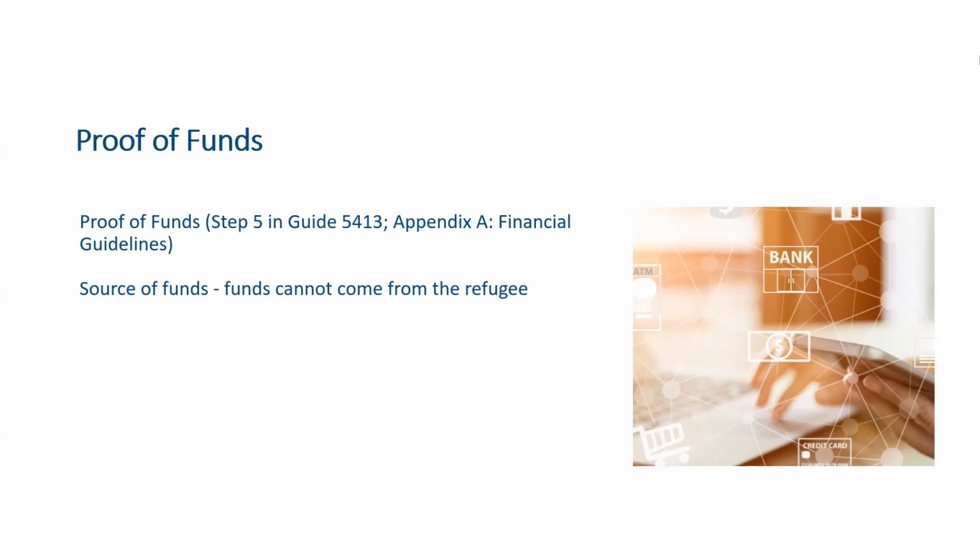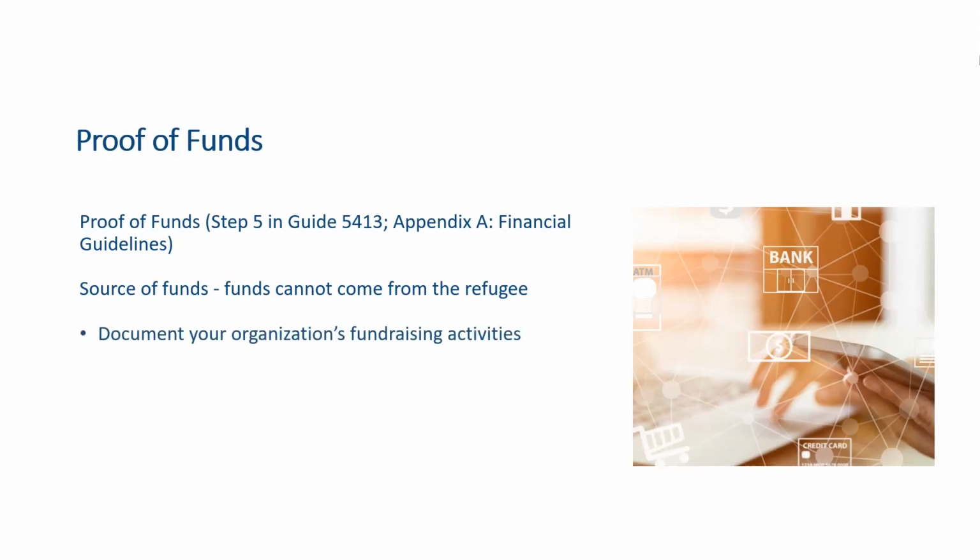And it's something that we're used to. It's one of the principles of the PSR program that refugees should not be contributing and should not be expected or required to provide funds to their sponsors in order for them to be sponsored. And that's just reiterated at the top of Appendix A of the new guide.